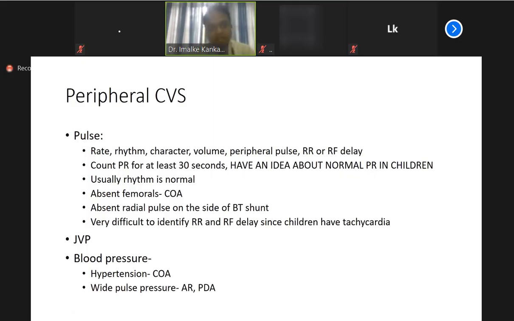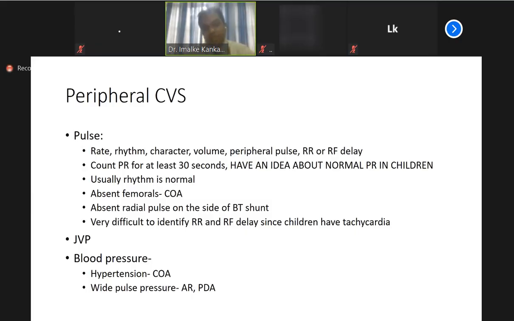So in the peripheral cardiovascular system examination, pulse is very important in children. Like in adults, rate, rhythm, character, volume, peripheral pulse, radio-radial and radiofemoral delays are very difficult to identify in children. So at your presentation, you look for it, but as a tip, I am telling you, you are not going to diagnose any condition based on radio-radial or radiofemoral delay in children. I am telling you practically.